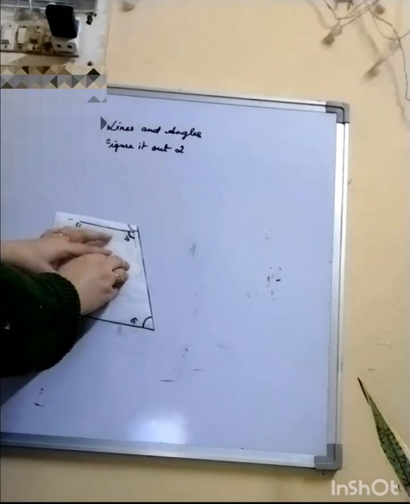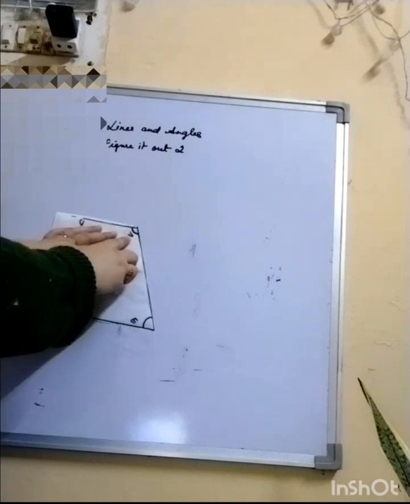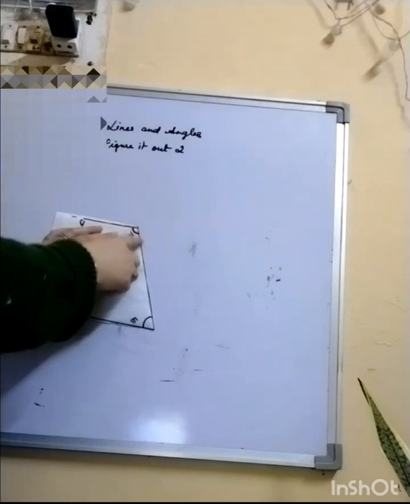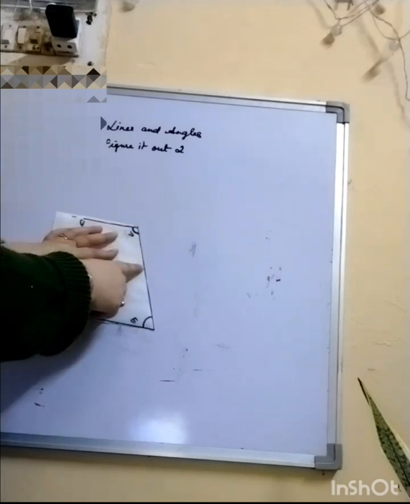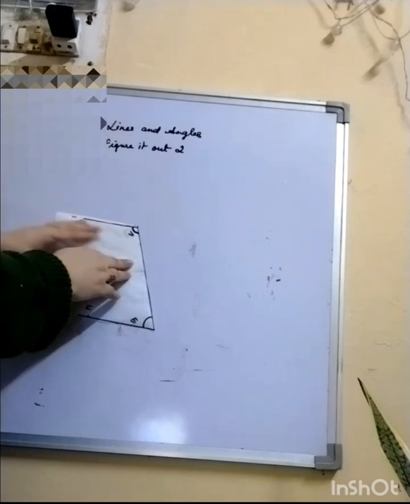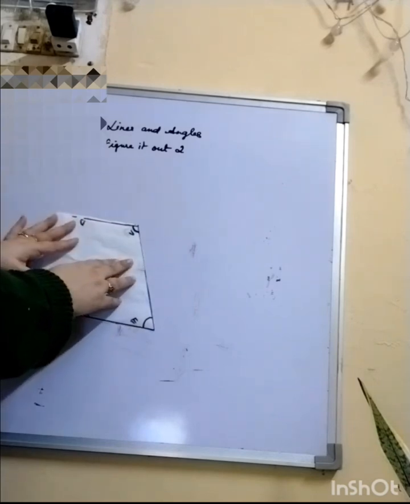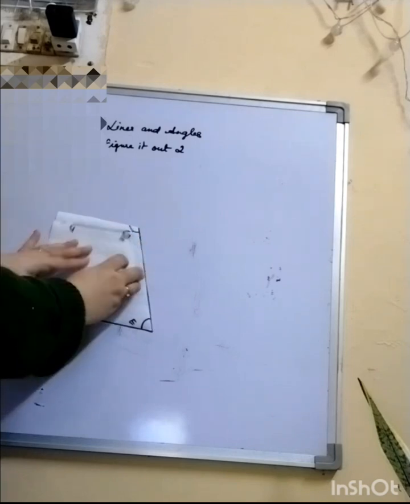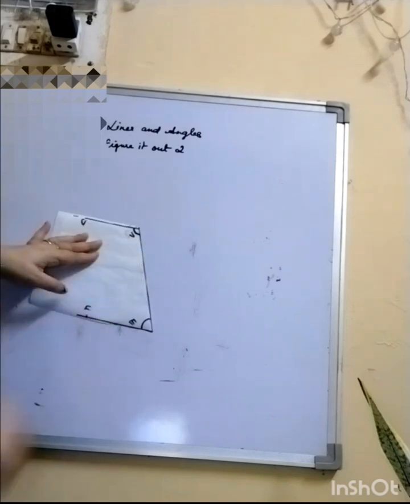How are they the same? I have put the vertex C over G and overlapped one side, the folded side, and the sides of the paper sheet together. So I have overlapped the sheets. So angle C is equal to angle G.